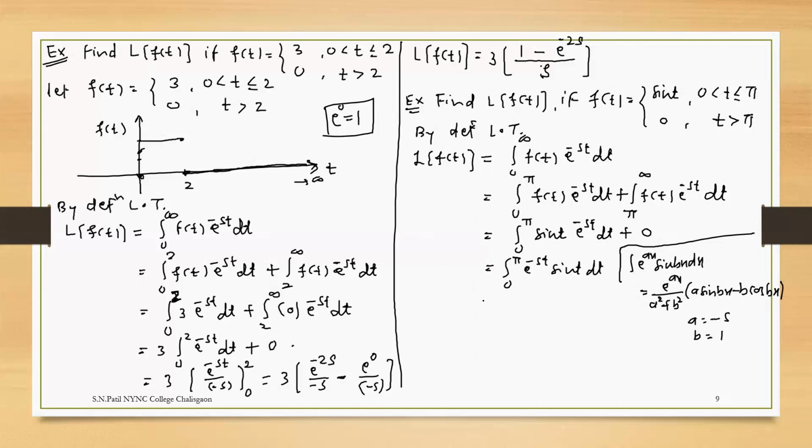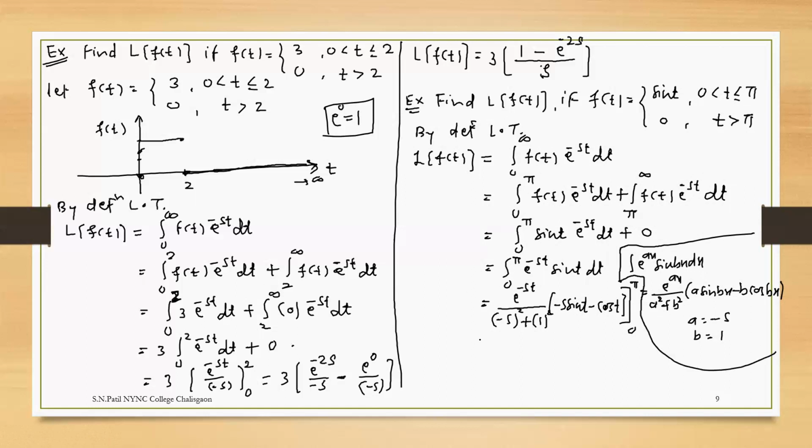It can be written as e raised to minus st divided by minus s square plus 1 square, times minus s sin t minus 1 cos t, with limits 0 to pi.